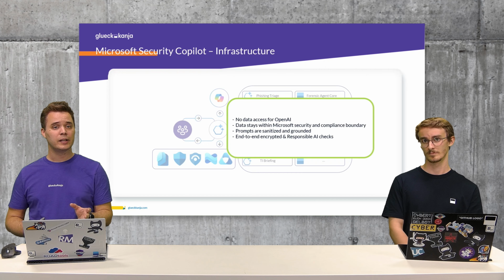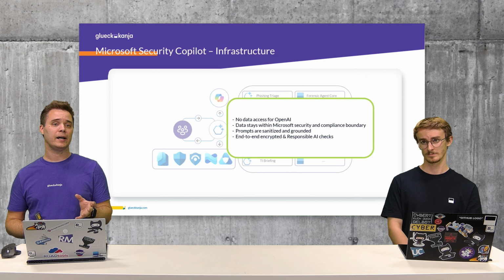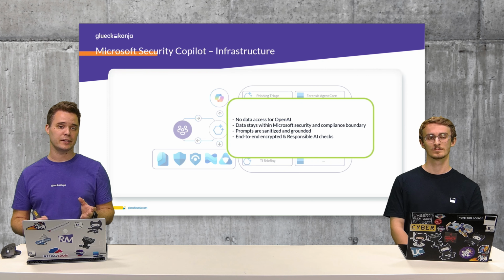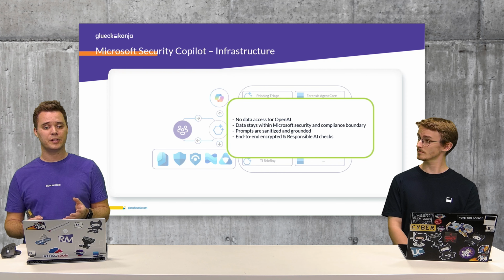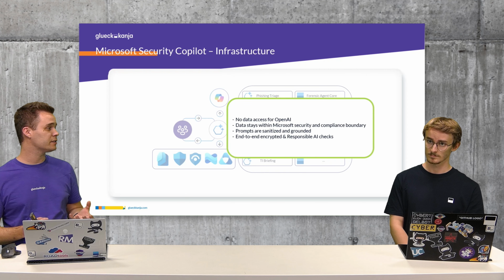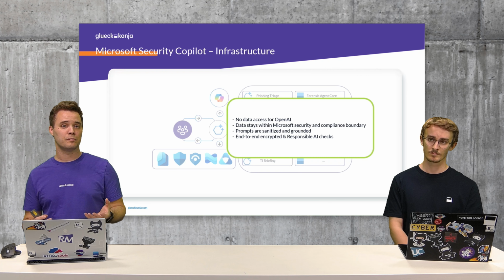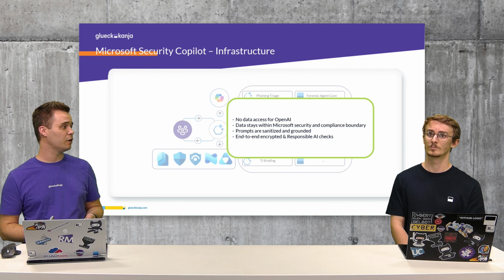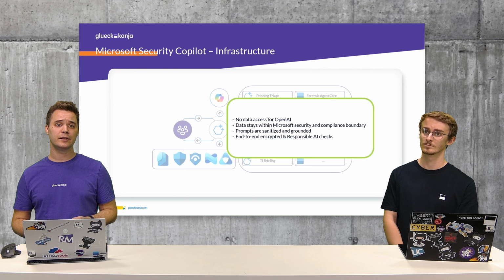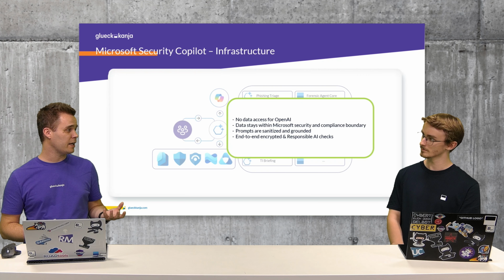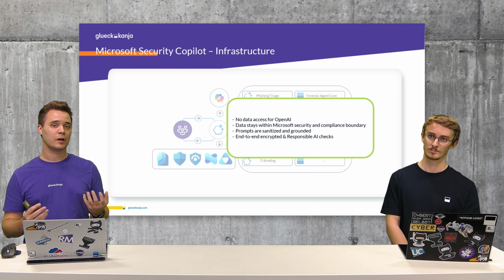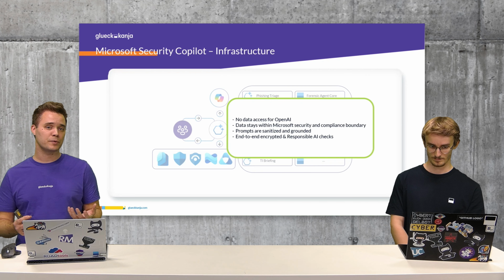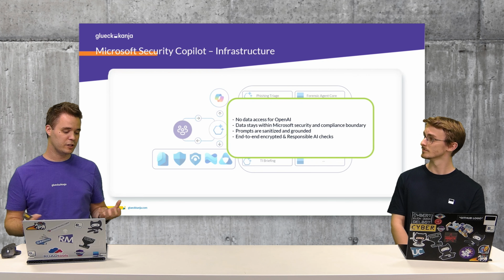So in general, OpenAI has no access to all of this data, right? Everything is handled inside of the Microsoft managed instance inside of Azure. So Microsoft is hosting these parts on their own. And this means that the data stays inside of the Microsoft ecosystem. It's secured by Microsoft and inside of the compliance boundary.